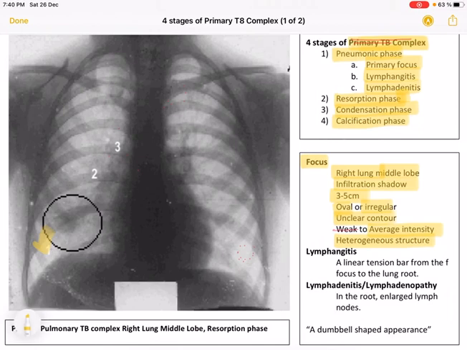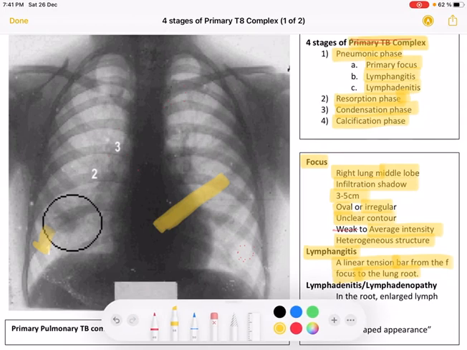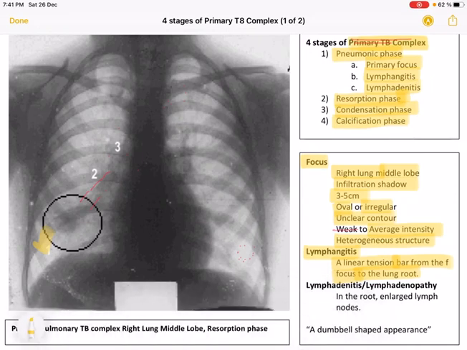The same for lymphangitis: it is a linear band from the focus to the lung root. Previously it was dense, with quite high intensity. Now it starts to resolve and is only slightly visible. It is in the resorption phase.